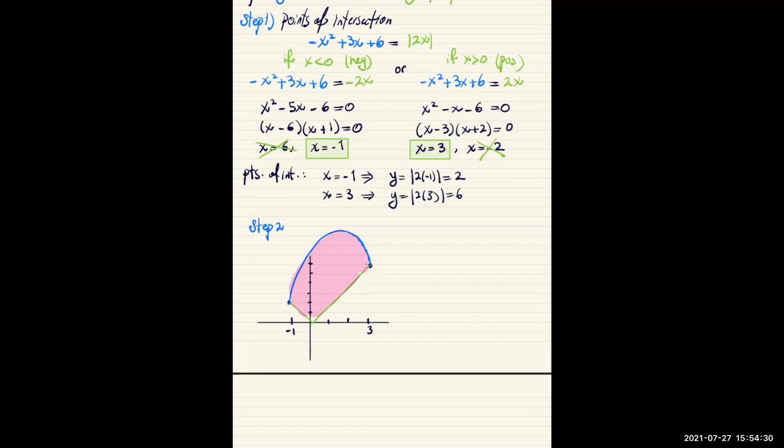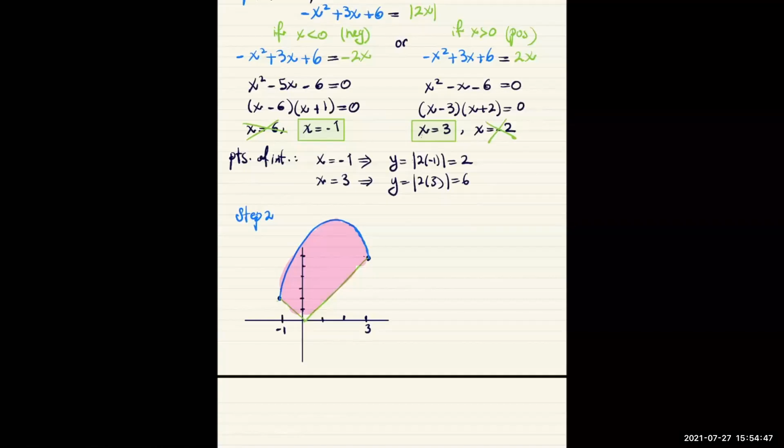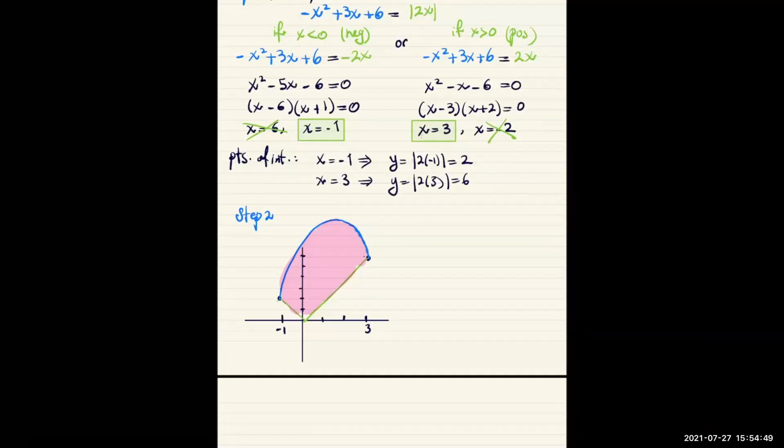All right, so let's see how the rectangles, those rectangular strips, set up. So guys, please pay attention. If you take a rectangular strip, the length of the strip is not always the same.